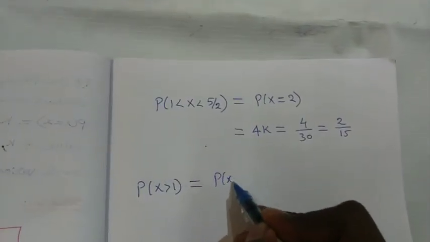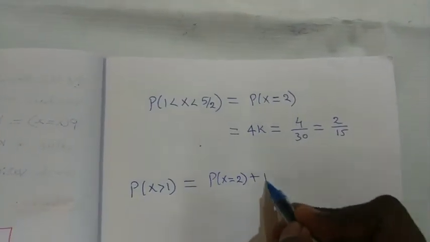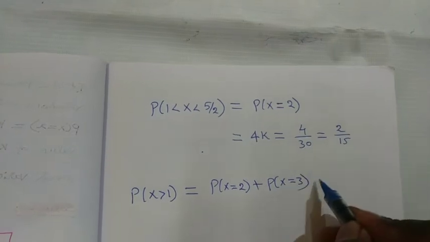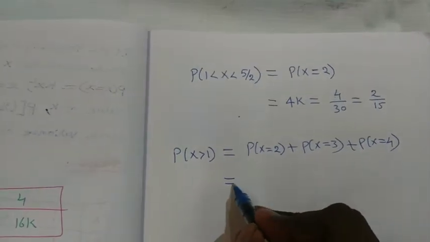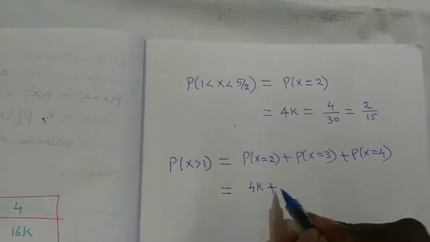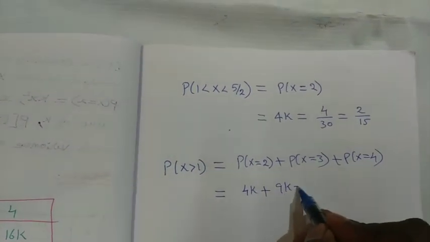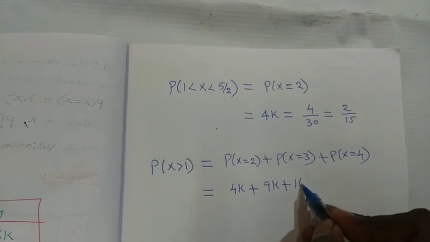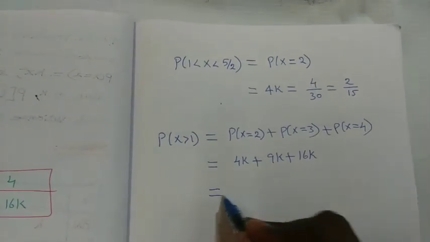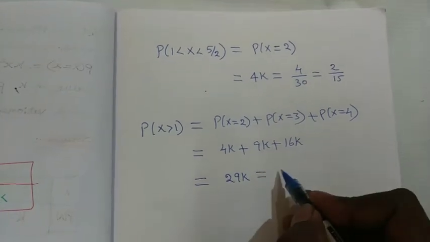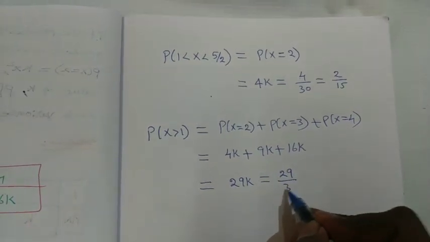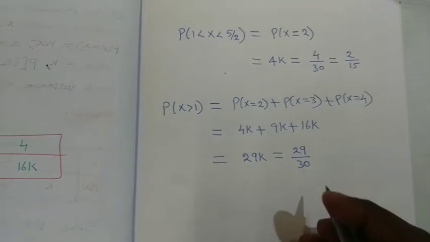Therefore P of x equal to 2 plus P of x equal to 3 plus P of x equal to 4. From the table, 2 is 4k, 3 is 9k, 4 is 16k. So adding this, 29k. But k is 1 by 30, so 29 by 30.